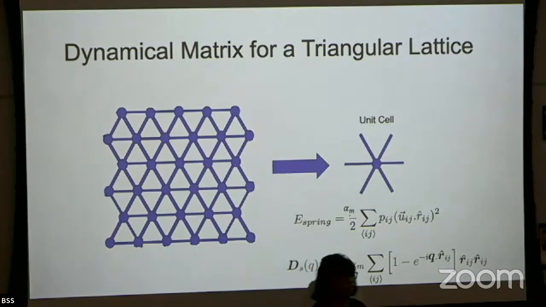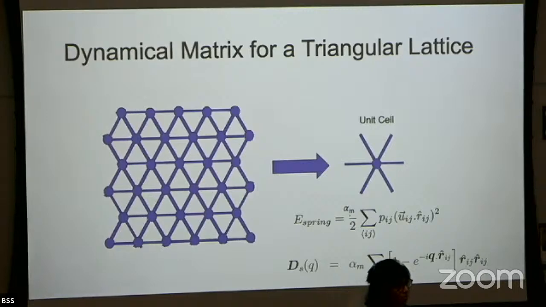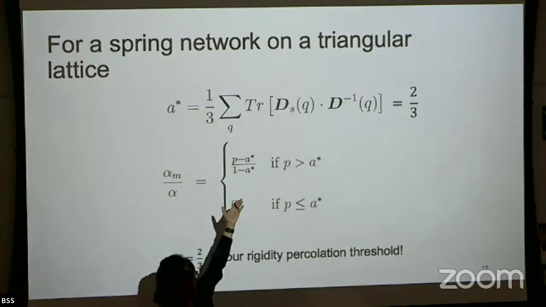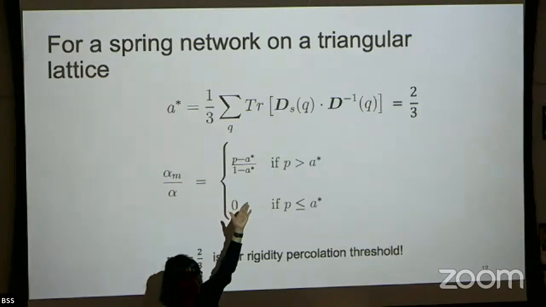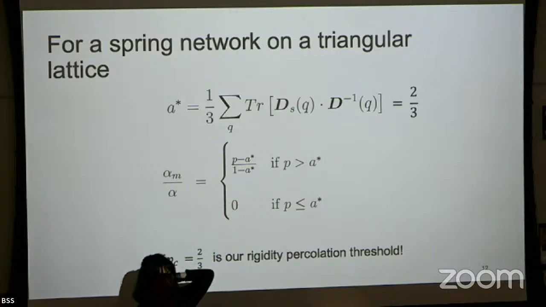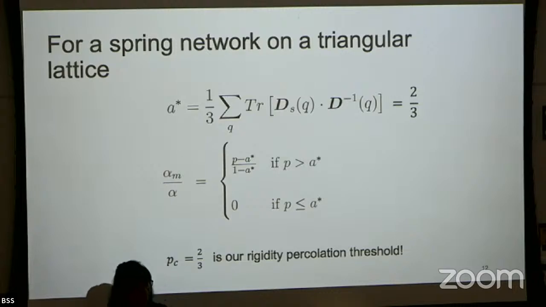So you could think of it as a matrix of spring constants, but we are just doing this calculation in Fourier space. For a spring network, this calculation is quite simple because no matter what my dynamical matrix is, I will end up getting a unit matrix, and the trace of that in 2 dimensions is just 2. So then I'll just get a 2/3 here. But when you have bending or angular springs, then things become much more complicated. And I'm going to show you a little bit of that as well.